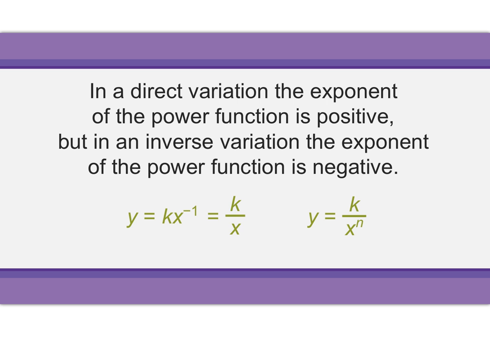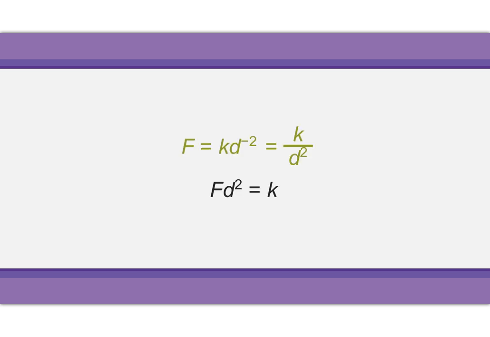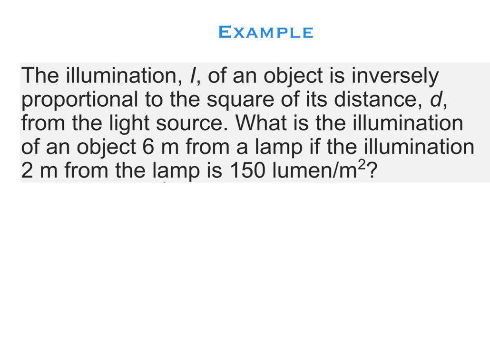Now you can also have direct variation with a power function that is positive, or an inverse variation, meaning the power function is negative. Inverse variation here is another way that you can vary with a function. And so for inverse variation, they're going to say some variable varies inversely with some other variable, and in this case, variable squared.